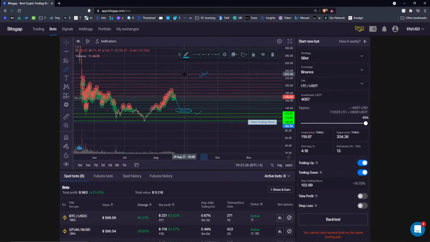But as of now, it will cancel out the sell order, and the base currency is going to be left in your portfolio. You just need to make sure that you monitor it, and whenever you need to get rid of it, you sell it manually. So that's the thing now.